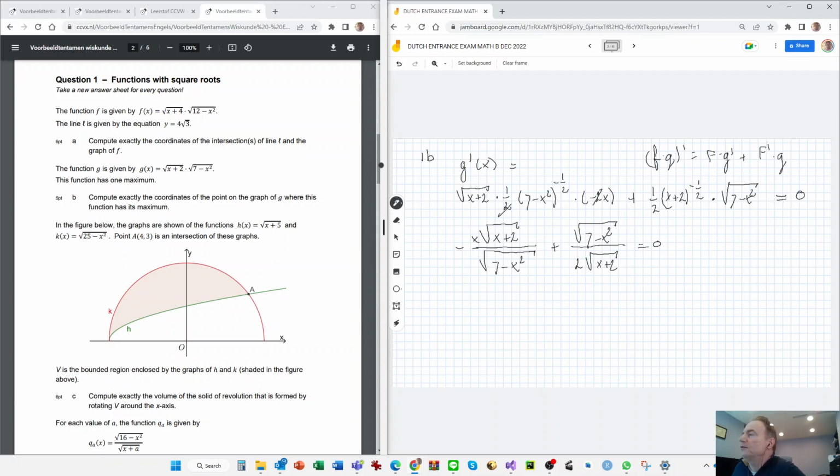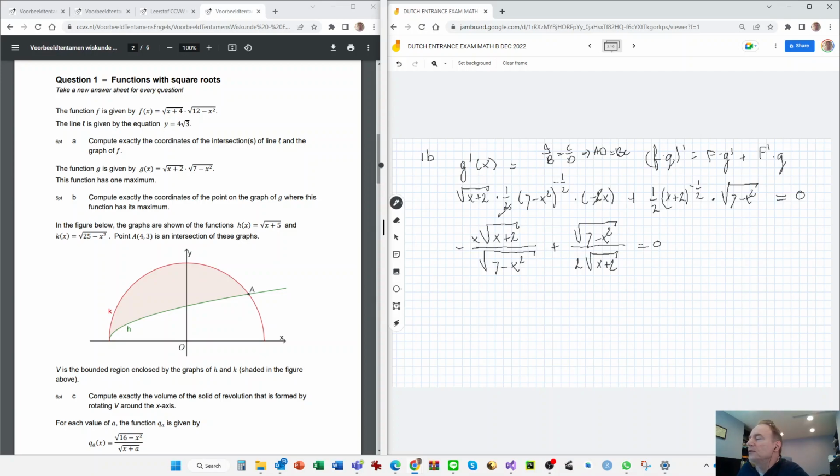And that's of the form, if you have a divided by b equals c divided by d, that just means that AD is equal to BC, but you have to be careful. This is not true when either B or D is 0, which we need to check.